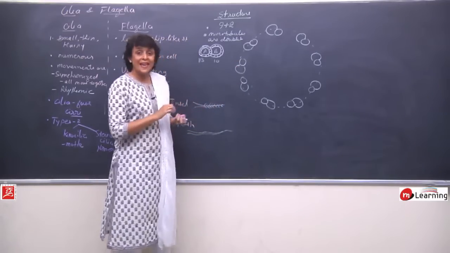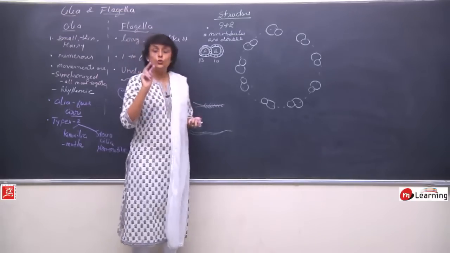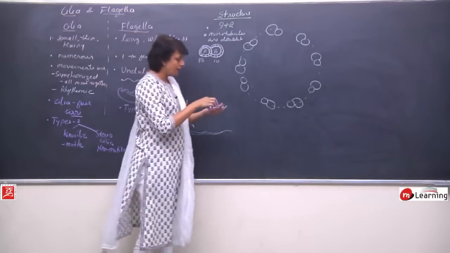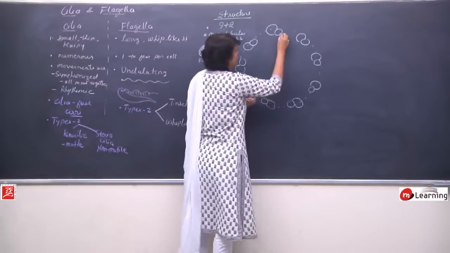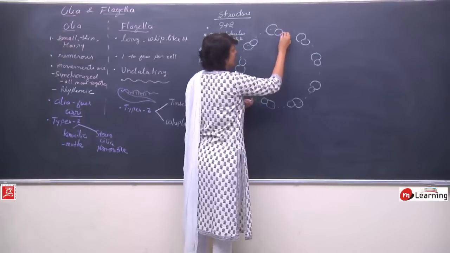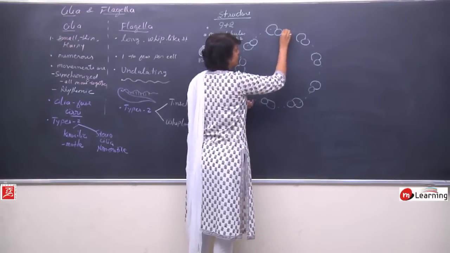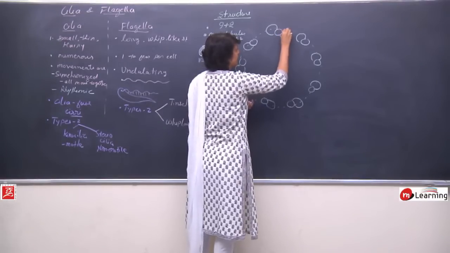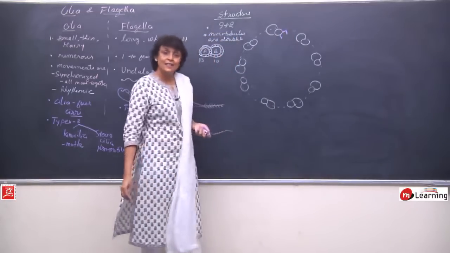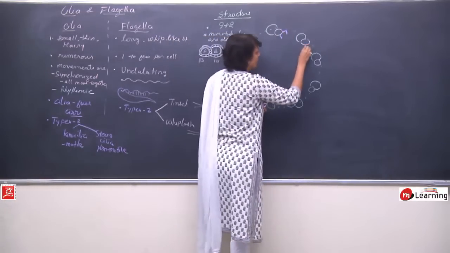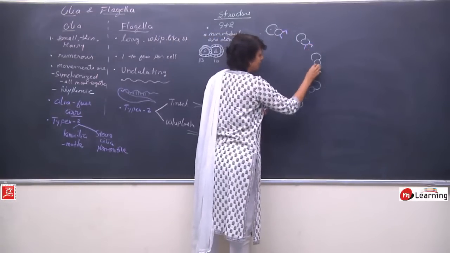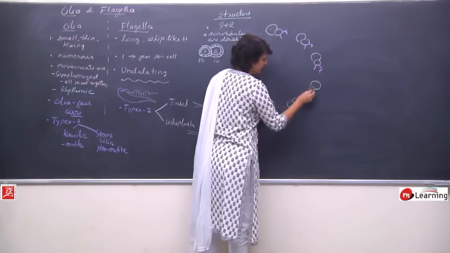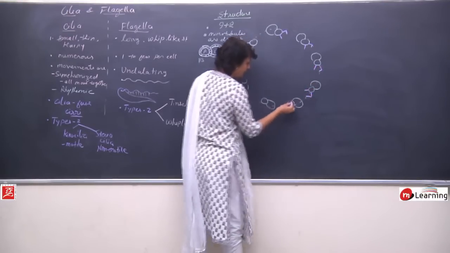Now, from A arise two arms. One arm is straight and the other arm is bent. Each A has these two arms, inner arm and outer arm, which is bent.